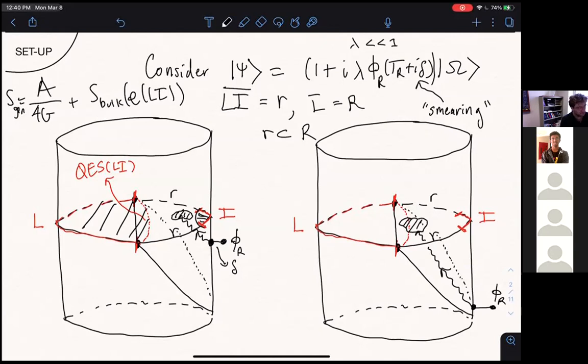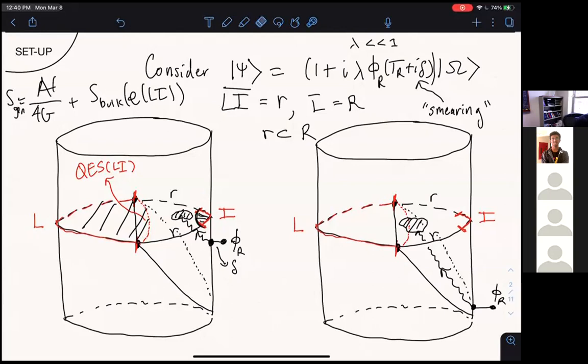And the A is A of the boundary of this E of LI? A of this dashed red line, yeah, union this little piece here. Both of them, okay. Yeah, good. The reason I have ignored this contribution here is because, as we'll see, I'm going to take the small I limit where this region is unimportant. But yes, in principle, you need to extremize both positions of these surfaces.